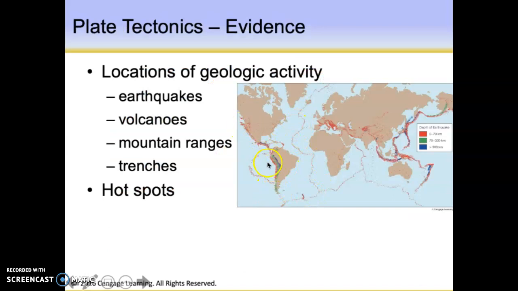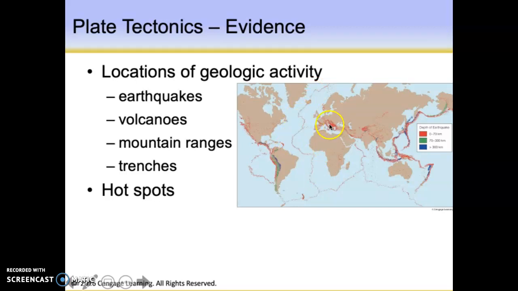Then we look at the west coast of the United States and South America and the west coast of Central America, and you can see lots of earthquakes focused there. But also, if we had a map of volcanoes, we would find those along those same narrow bands. We would find underwater volcanoes along this red stripe going up the middle of the Atlantic Ocean.